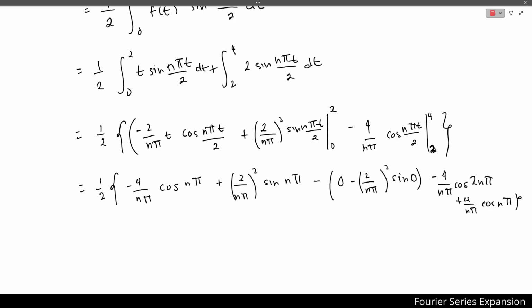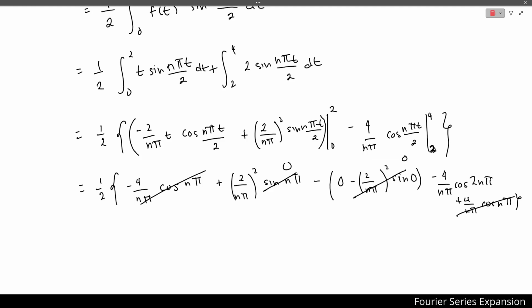For this first one, we're evaluating all of this from 0 to 2, this whole thing. So when we look into this equation, negative 4 over n pi cosine n pi and 4 over n pi cosine n pi cancel out. Sine n pi is 0, because sine pi, 2 pi, 3 pi, 4 pi is always 0. Sine 0 is 0.